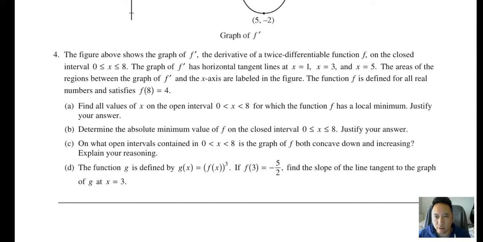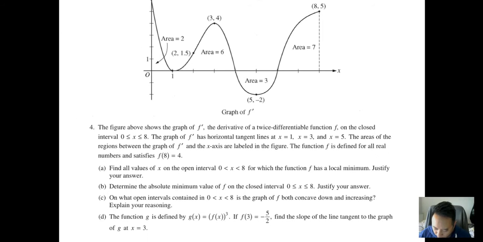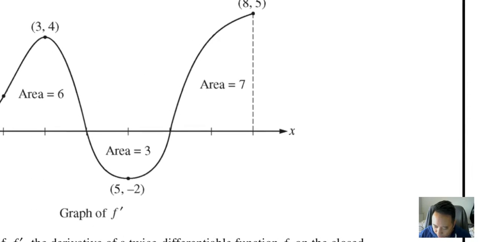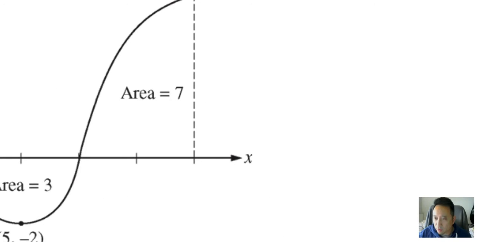Okay, so A, find the values of x on the open interval 0 to 8 for which the function f has a local minimum. They gave us a derivative graph. Let's investigate an actual f of x graph.